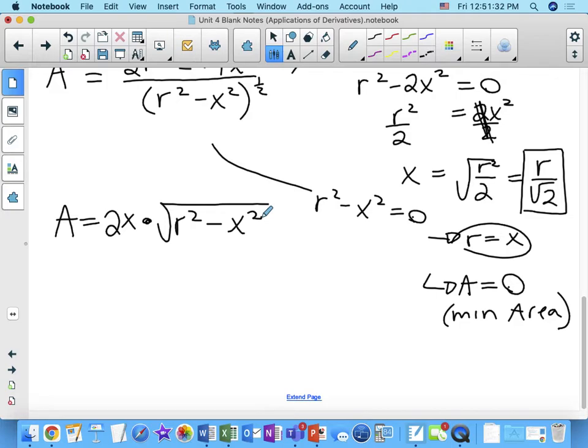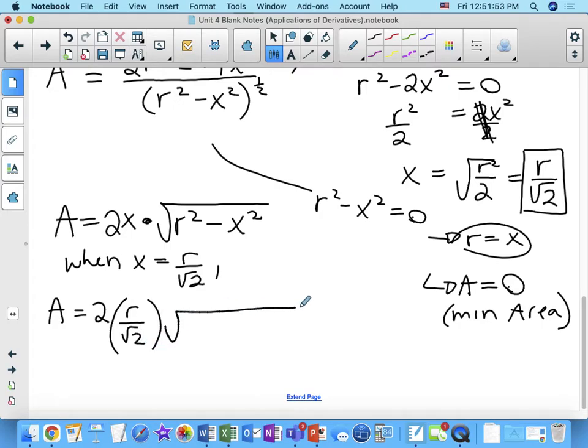So if we want to know, well, what is that? We have to plug in r over the square root of 2 for x. So when x equals r over the square root of 2, area is going to equal 2 times r over the square root of 2 times the square root of r squared minus r over root 2 squared.